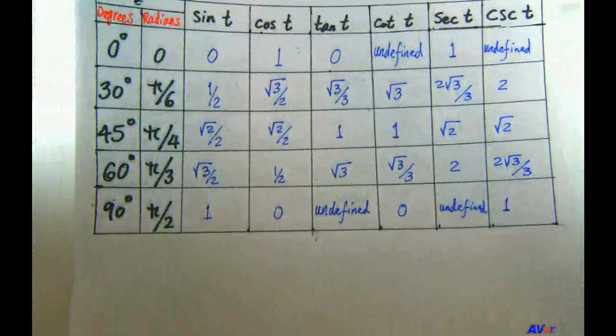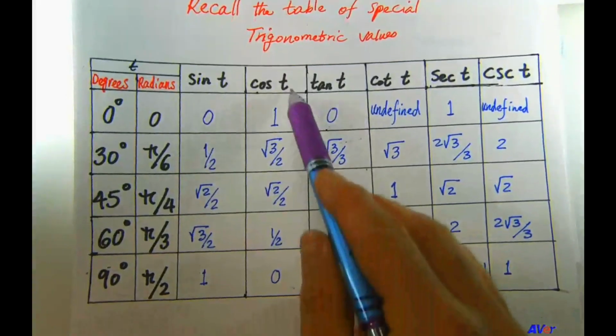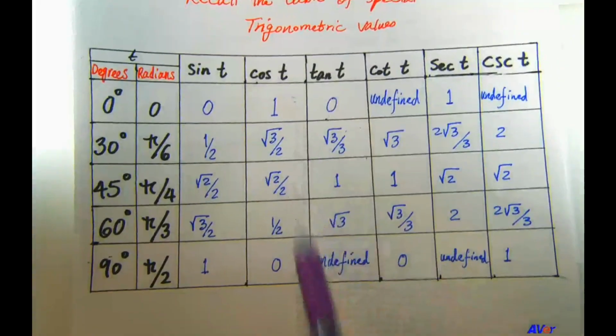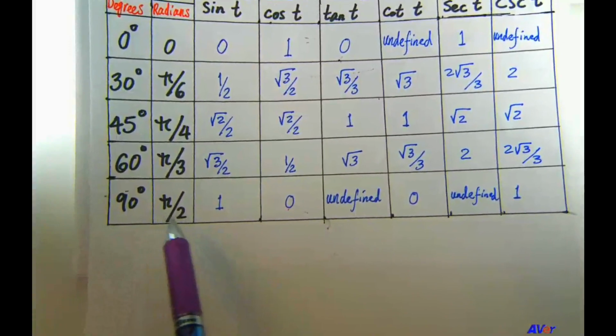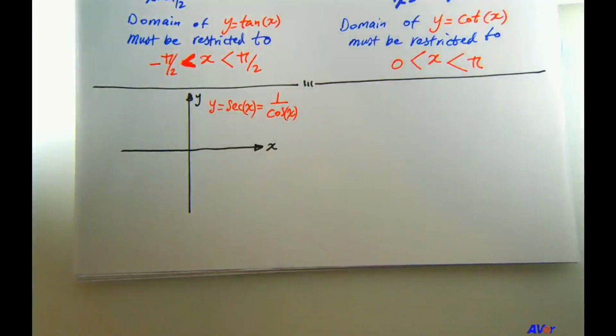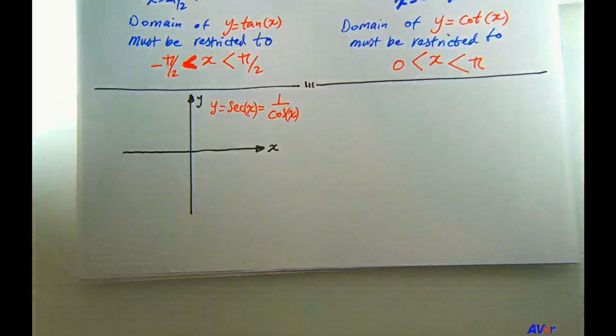If I bring back the table of special values, the cosine function is 0 at 90 degrees, pi over 2, right? So at pi over 2, we're going to have an asymptote. Let me draw that.